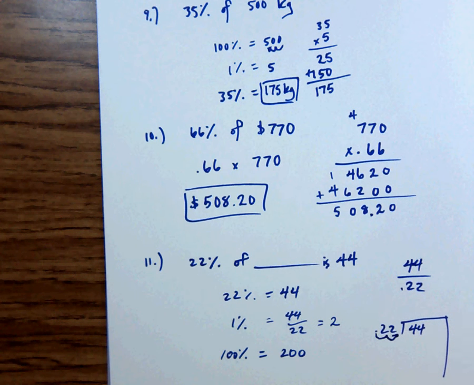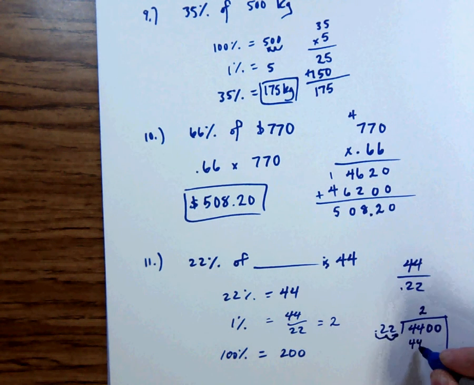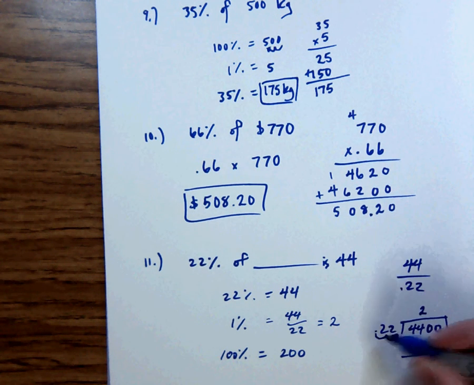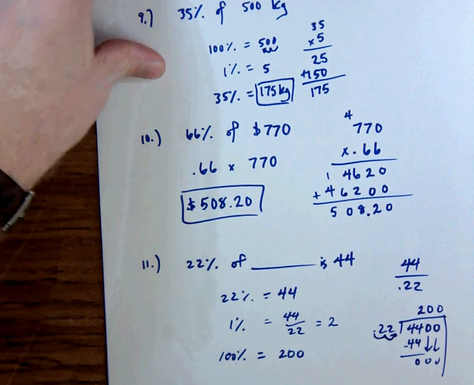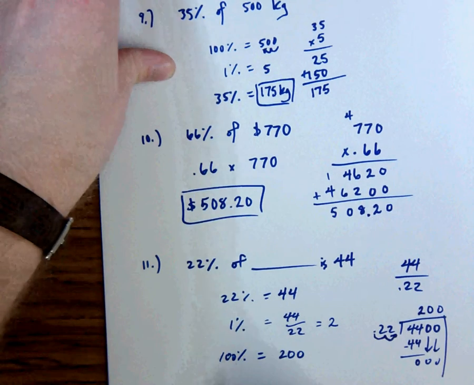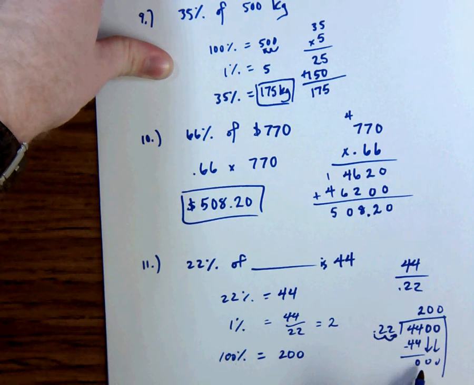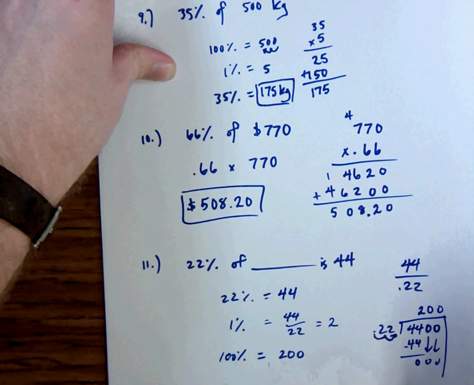We actually have to move it backwards, and every time we move it backwards, we have to add zeros. So 22 goes into 44 twice. It's 44, subtract, I get 0, and everything else is zeros. So fill in the blanks, 200. Either way would work. I actually prefer this way, even though in some ways it might seem like more work, but whatever you're most comfortable with.